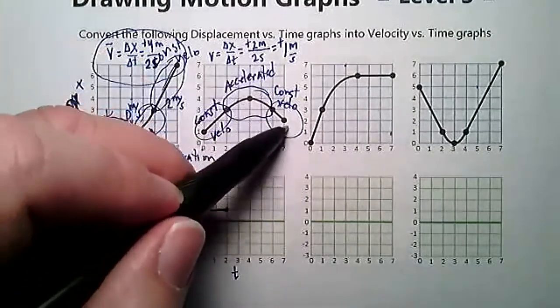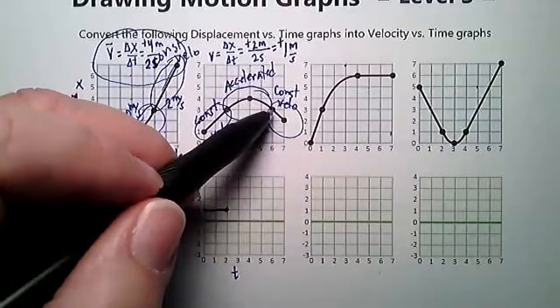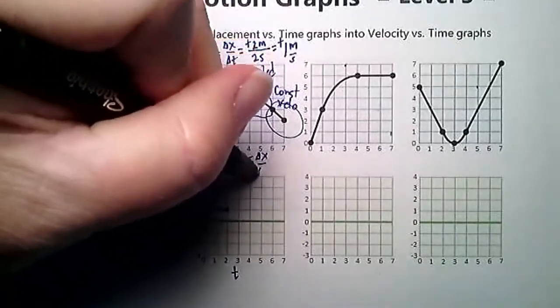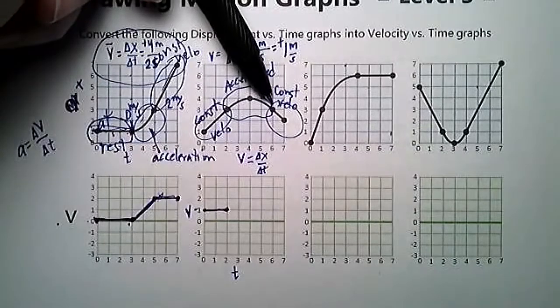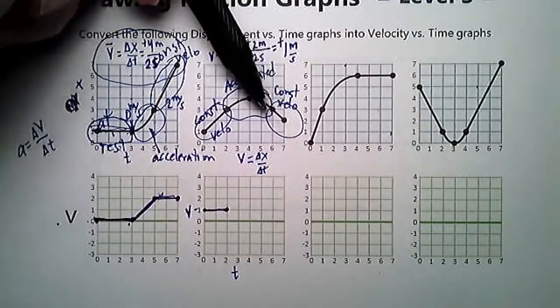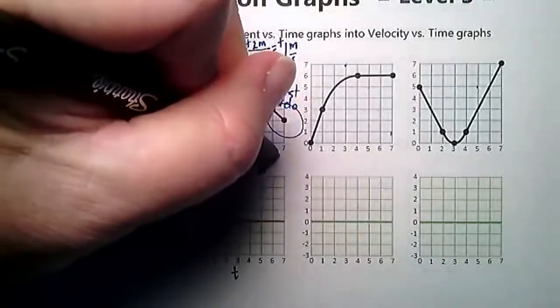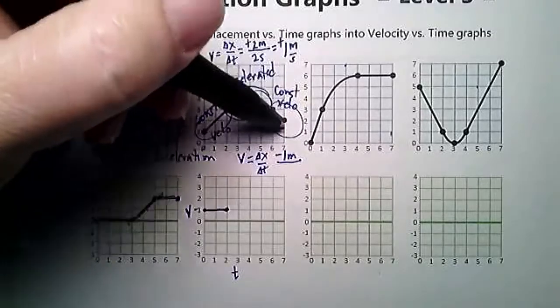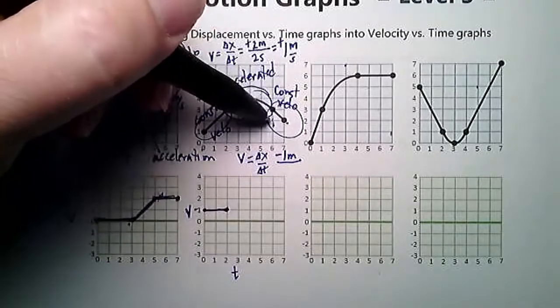We're going to do 6 to 7 here. Now, because it's going downward, I know this is going to be negative. So we'll say v equals delta x over delta t. How much did your delta x change in going from here to here? Well, I dropped down from 3 meters to 2 meters. So that's a negative 1 meter change, and it took 1 second.